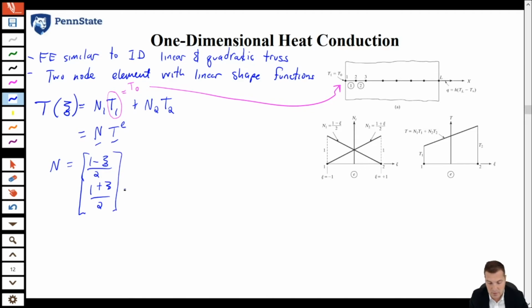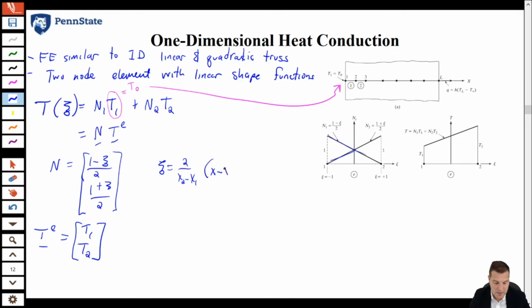Okay, so they're the same kind of shape functions we used with the truss, and we would have the temperature in the element equal to T1 T2, kind of like a local displacement vector, if you remember that. The psi mapping function is the same, so psi is equal to 2 times (x minus x1) over (x2 minus x1), minus 1. We talked about that at the very beginning of the course with the one-dimensional case.